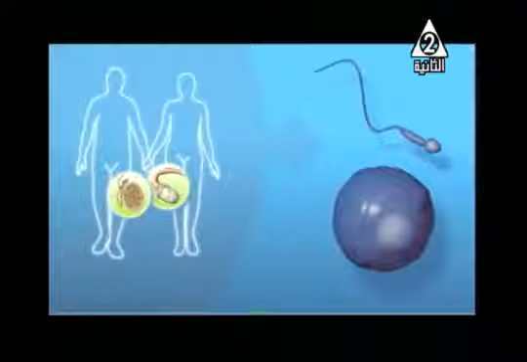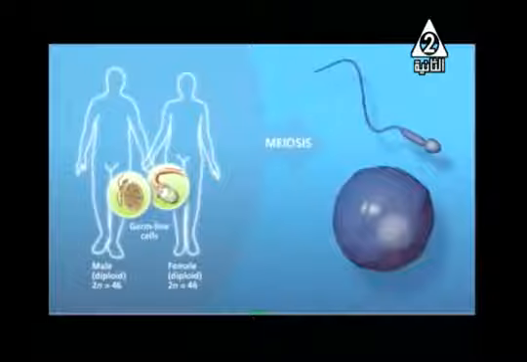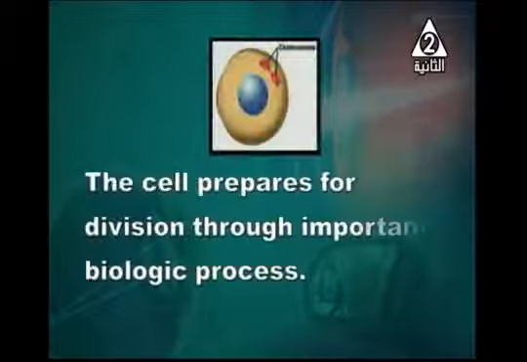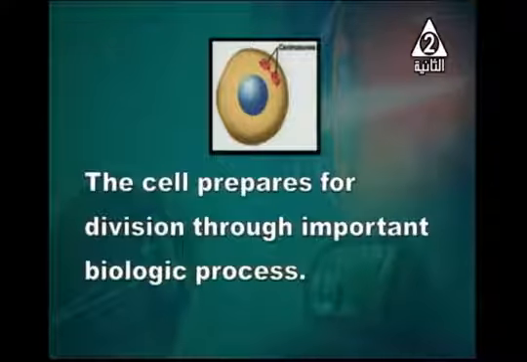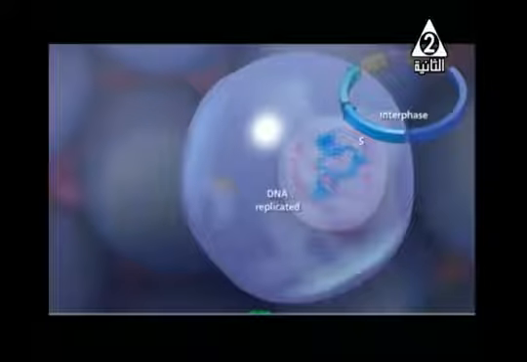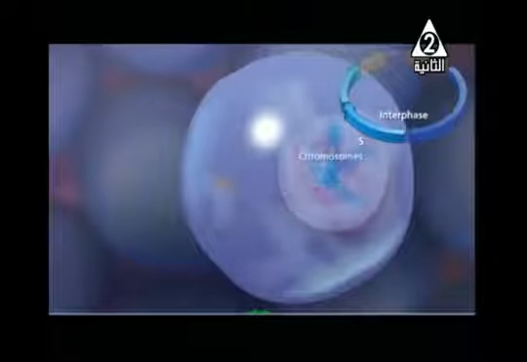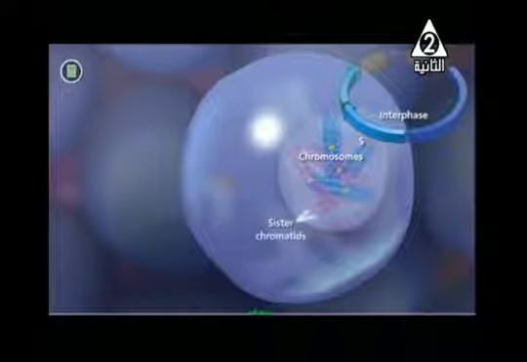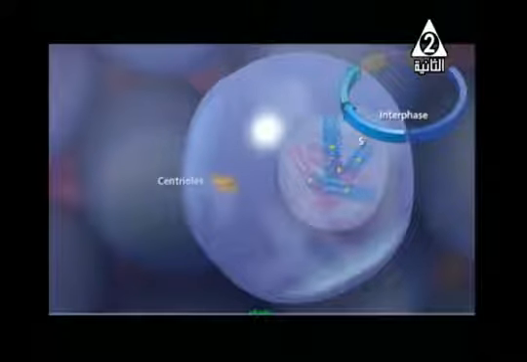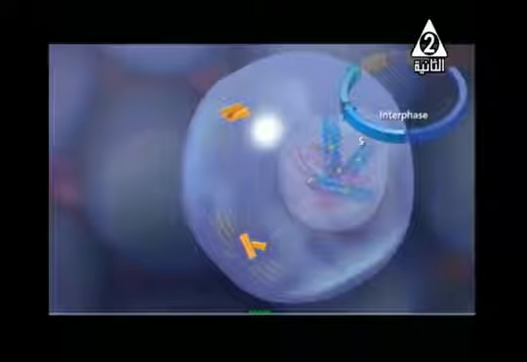Each cell division begins with interphase. Interphase is the stage in which the cell prepares itself for division through important biological processes. Also, it duplicates its genetic material and prepares itself for the other stages of the division.